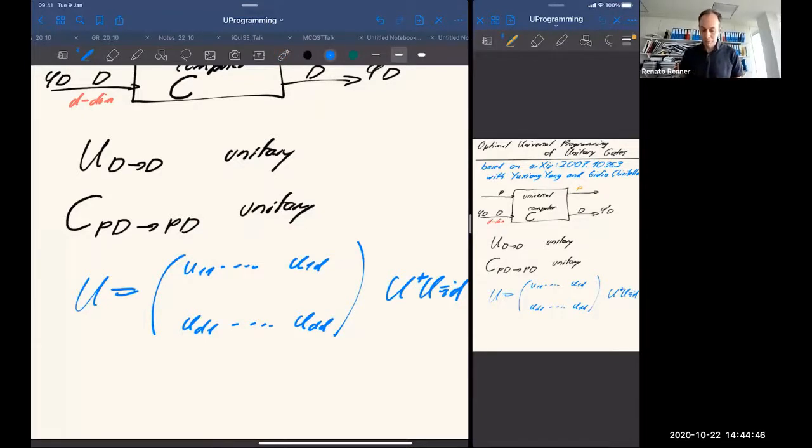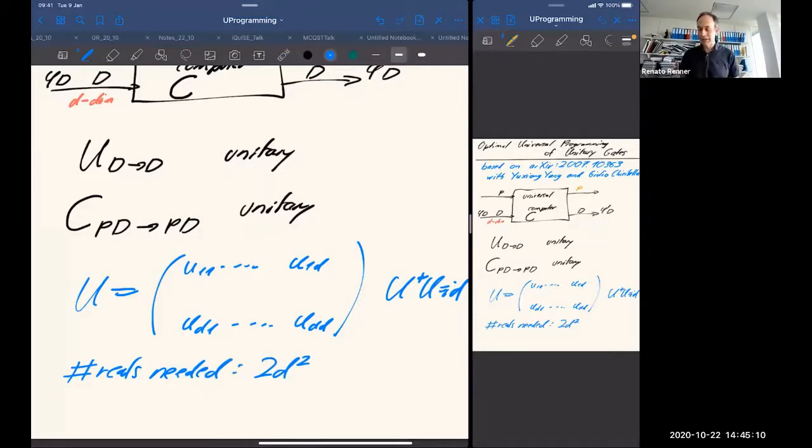In terms of bits, it's a bit hard to do, but I could just count how many real numbers I need. Of course, what I mean is a real number up to a certain precision usually, but what is the number of real numbers needed to specify this matrix? Of course, the matrix just has D squared entries, but each entry is a complex number.